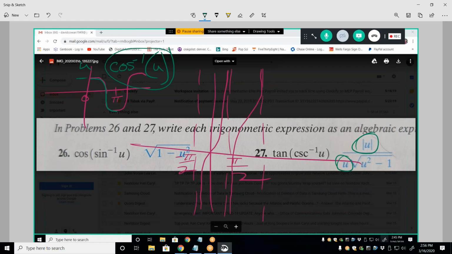I'm pretty sure somewhere in this book I have a list of the domain restrictions and ranges as well. Well, I know the domain restrictions and the range restrictions, but it's the domain restriction on the primary function, the trig function. If I graph that cosine, let's see, if I reflect it, I'm terrible at doing these.